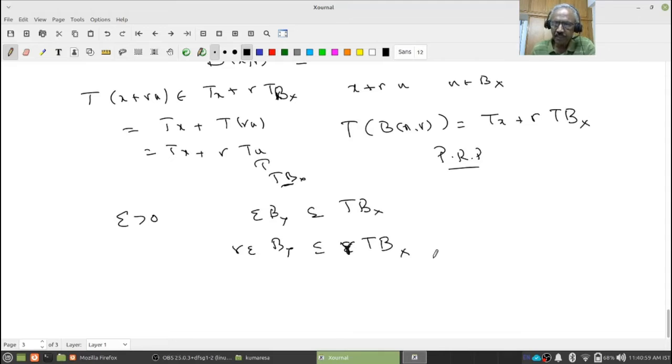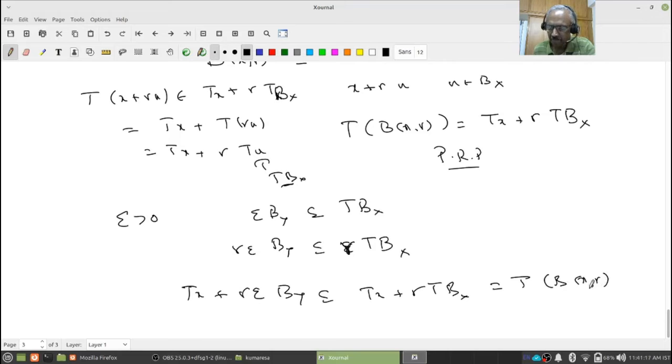You follow that? Therefore, what do I have? Tx plus r epsilon times B_Y is contained in Tx plus r T(B_X), but this is nothing other than T of B(x,r). And what is this? This is nothing other than the open ball in Y centered at Tx of radius r epsilon. Therefore, that is contained in T(B(x,r)).